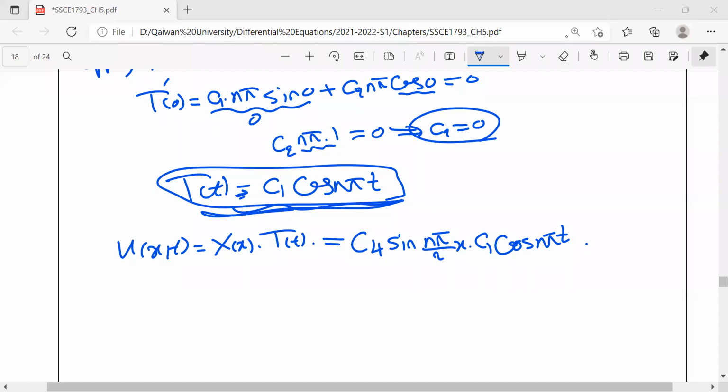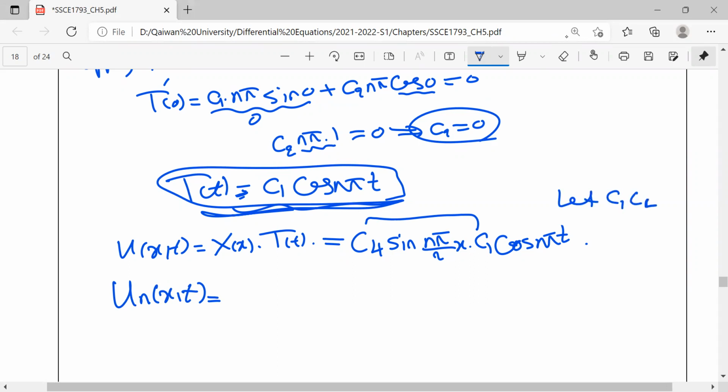So here we say u_n of x, t equals, we multiply these two, C1 and C4. We let C1 times C4 be b_n. In the wave equation, we always need to find b_n.